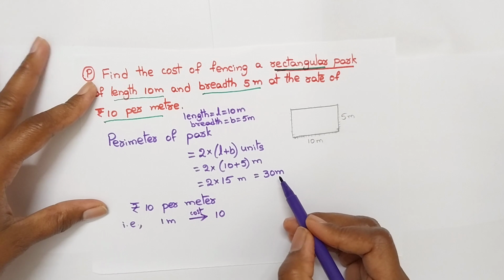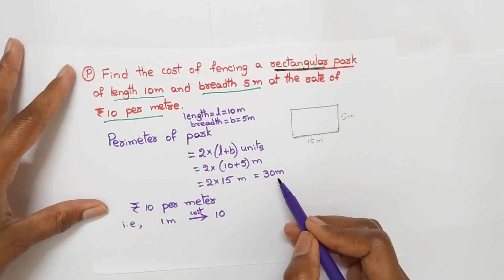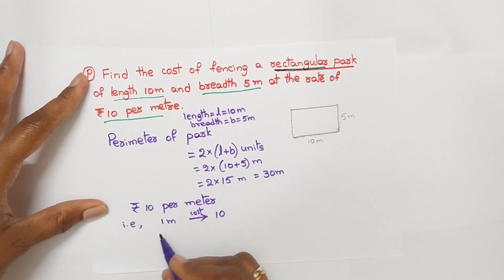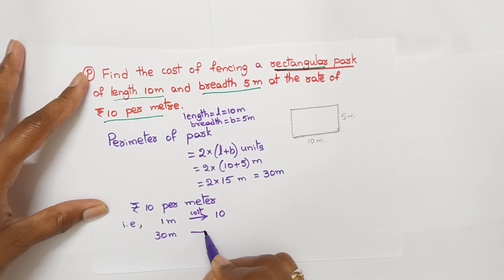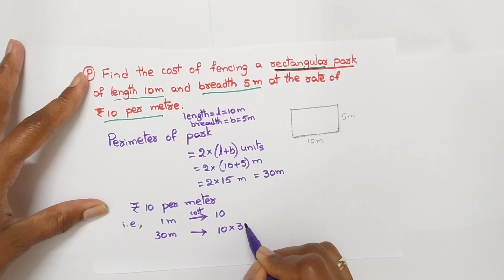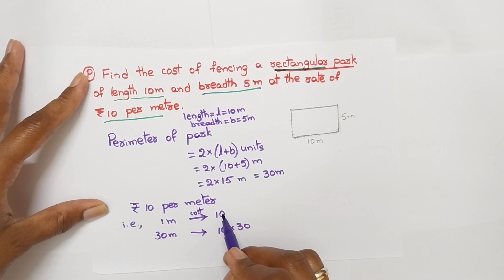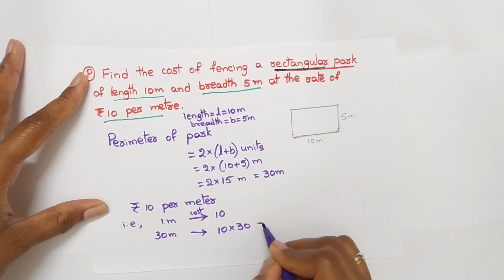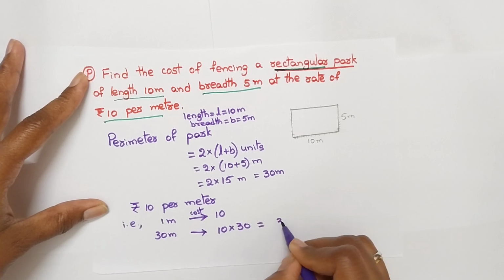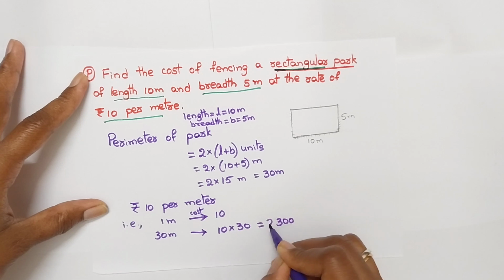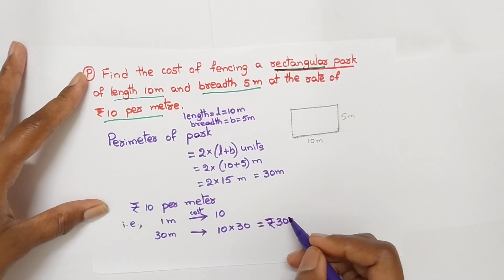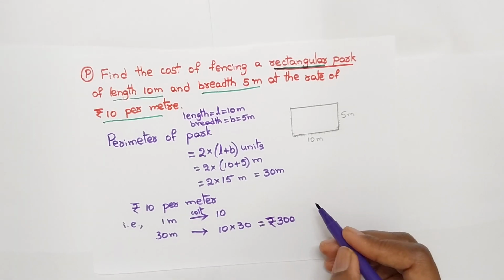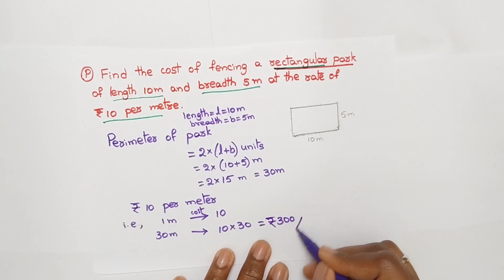But how many meters is the park? 30 meters. So the cost of 30 meters will be 10 into 30. For 1 meter 10 rupees, so for 30 meters, 10 into 30, that equals 300 rupees. This is the fencing cost.